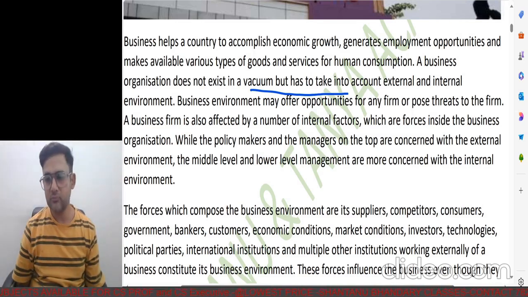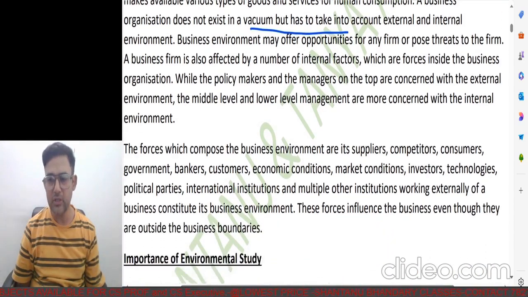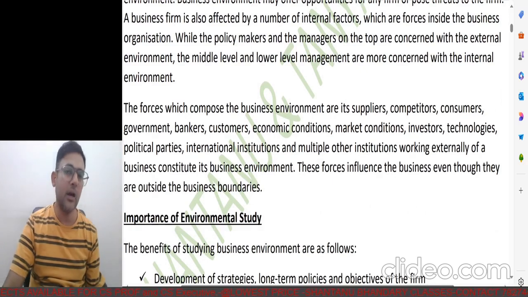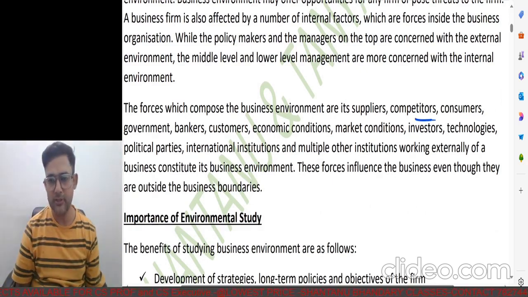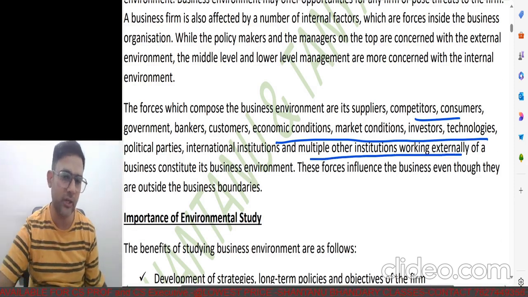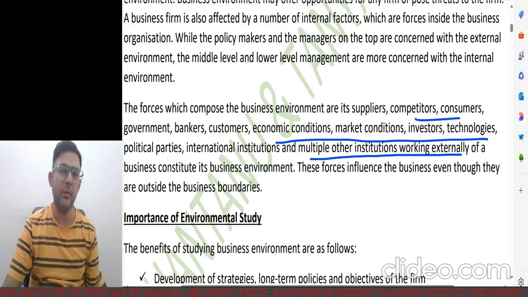It says that when a business functions, there are various forces that affect it: suppliers, competitors, consumers, bankers, economic conditions, market investors, technology, institutional investments, international institutions, and various other factors working within the business environment. So the business has to keep all of this in mind.